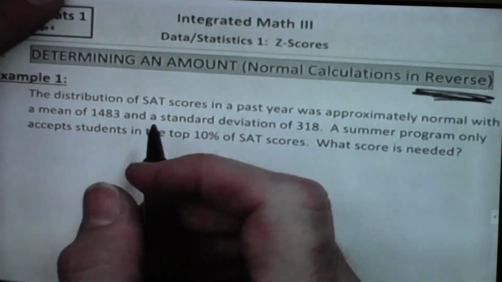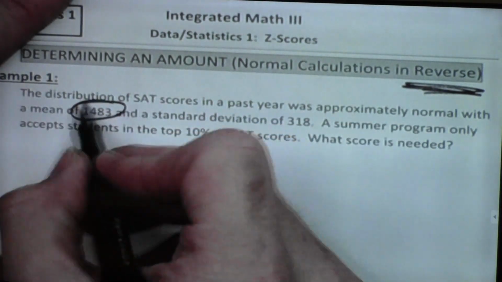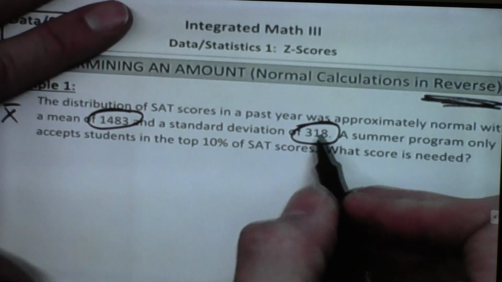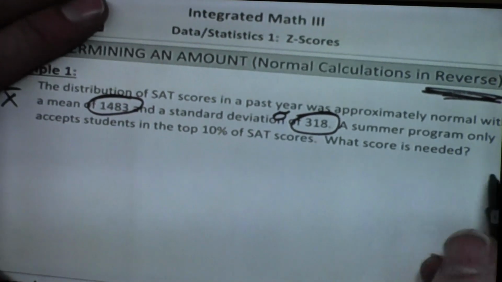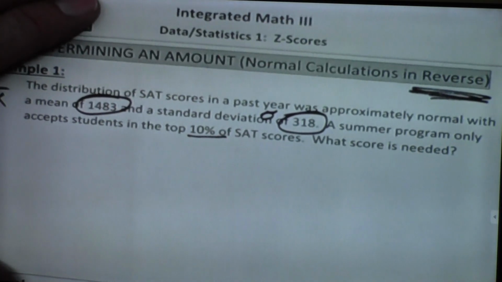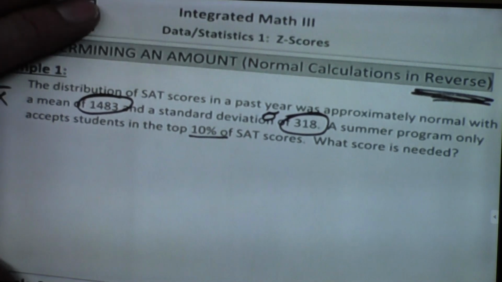Let's use this one. A distribution of SAT scores in a past year is approximately normal with, good, we know our mean, and a standard deviation of 318. Good. A summer program only accepts students in the top 10% of SAT scores. Okay, so what score do you need in order to get into that? So let's figure that out.